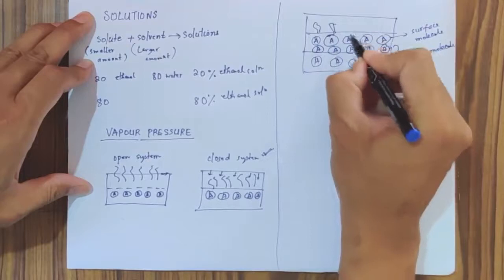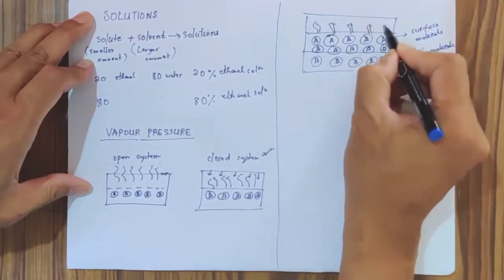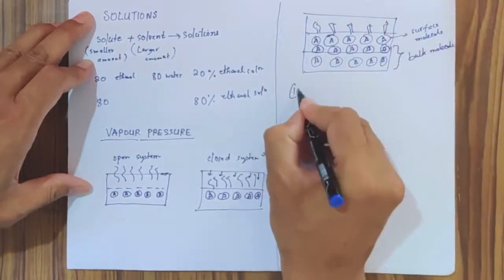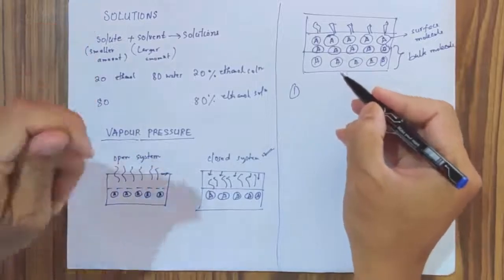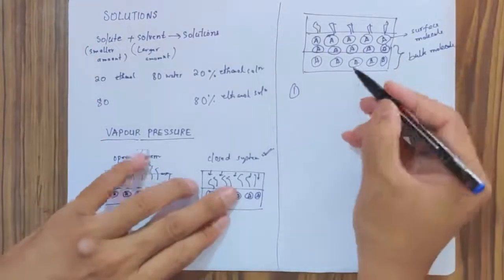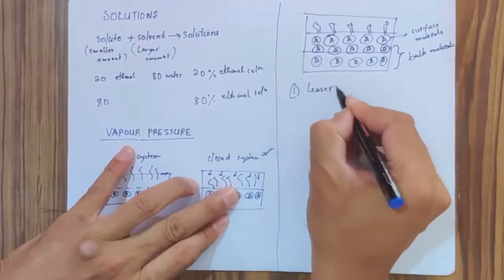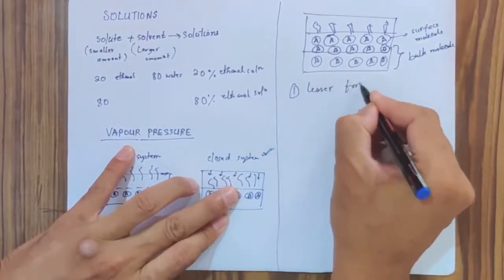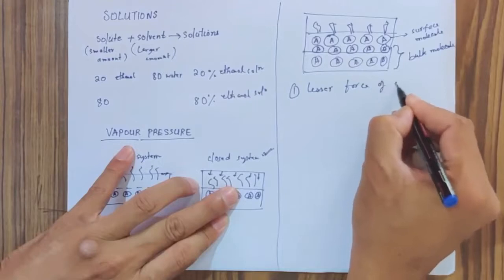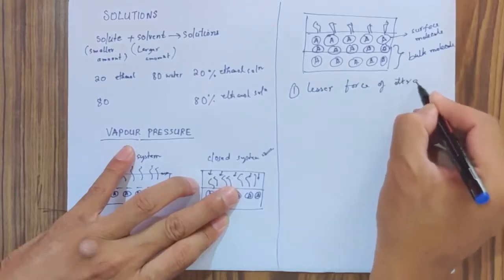Why is it that only surface molecules evaporate? It's due to lesser force of attraction. Lesser force of attractions.